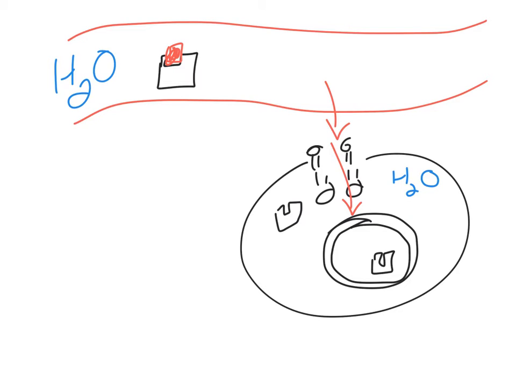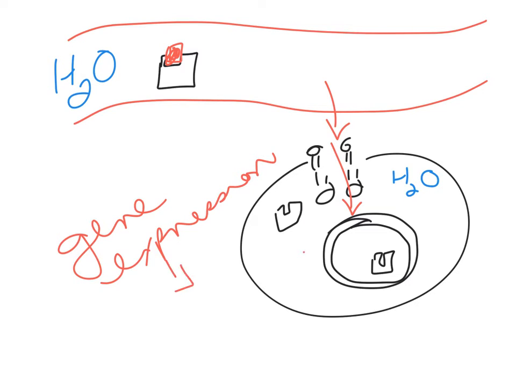Once inside the nucleus, these hormones are then going to alter gene expression, altering transcription, ultimately altering the synthesis of a protein. The alteration of this protein synthesis then alters the physiology of the cell, and that is the mechanism of action of these steroid hormones, for example, or the thyroid hormones or nitric oxide.